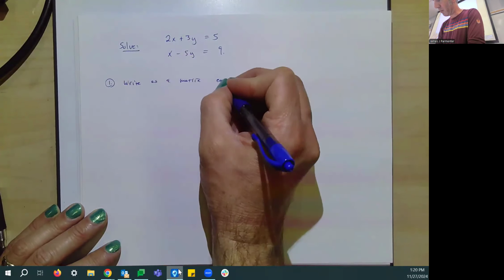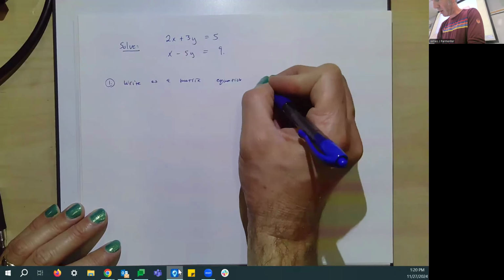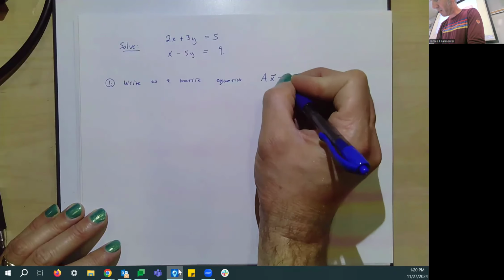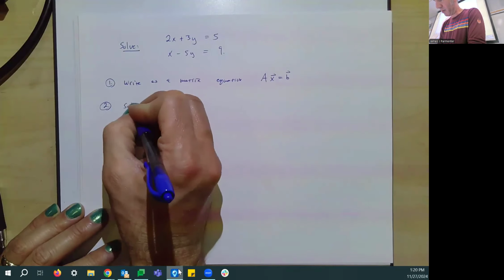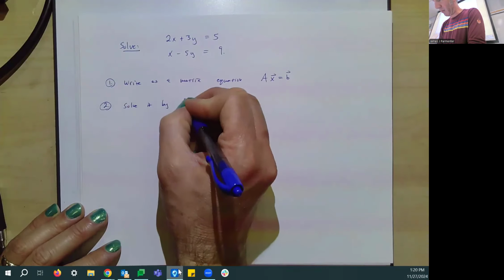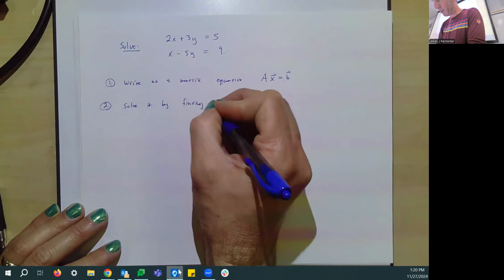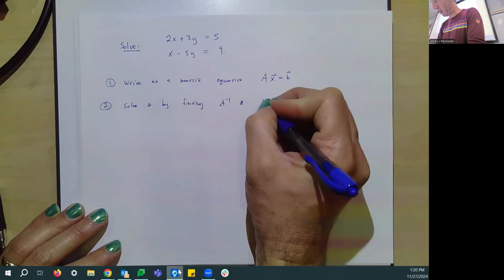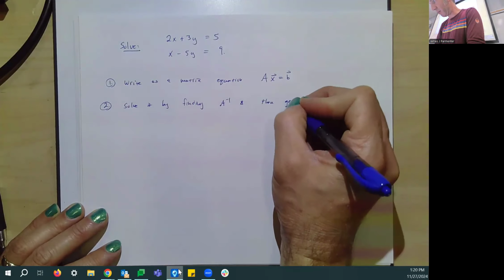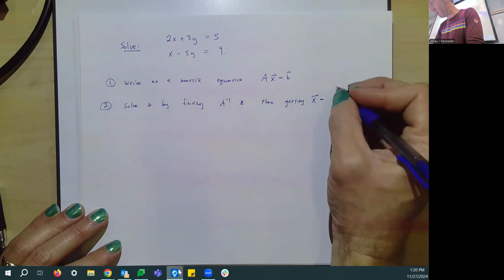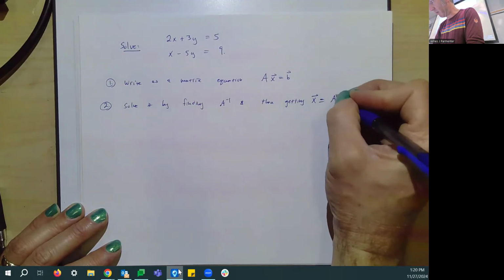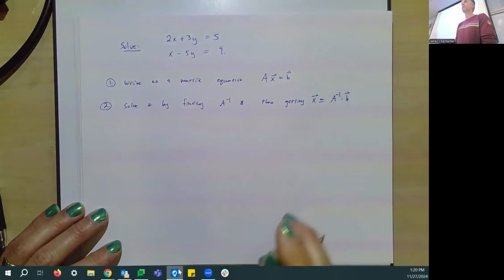You should start doing it. And then solve it by finding the inverse and then getting your solution vector x equal to A inverse times B. Give that a go.